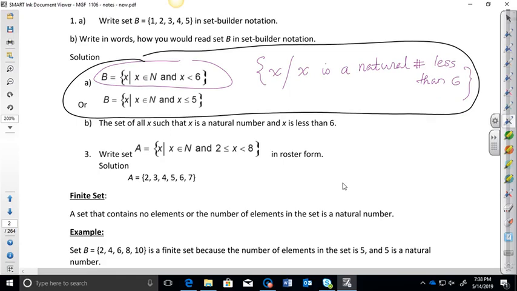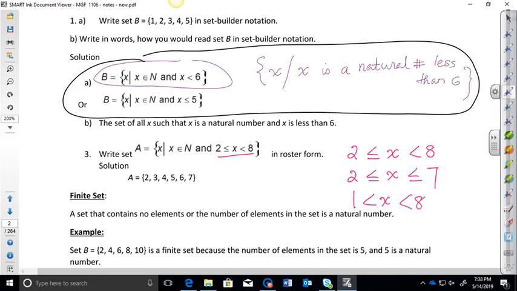2, 3, 4, 5, 6, 7. So it's between 2 and 8. You can say 2 less than or equal to x less than 8. Or you can say 2 less than or equal to x less than or equal to 7. Or you can say 1 less than x less than 8. These are all correct, as long as x is in the set of natural numbers.